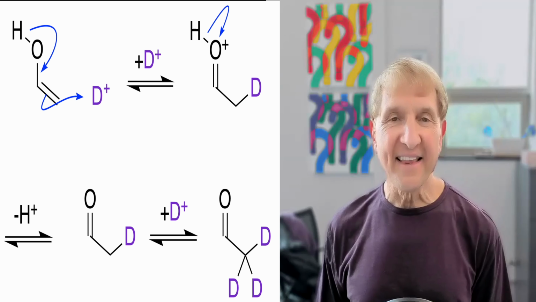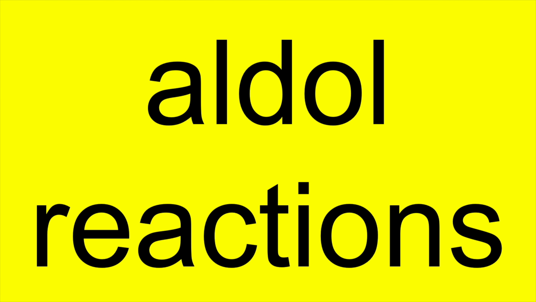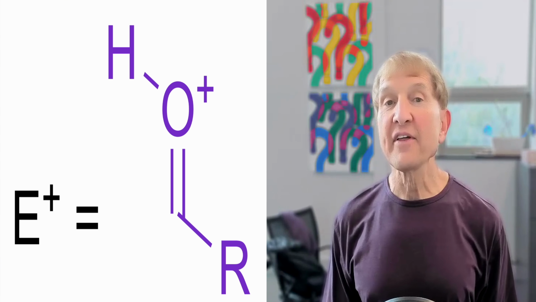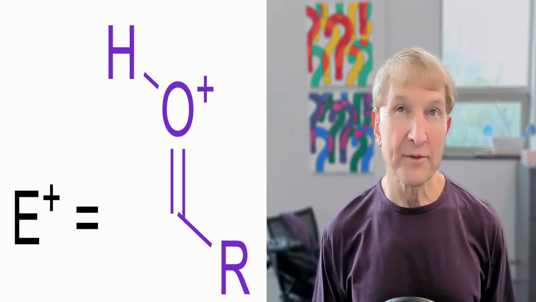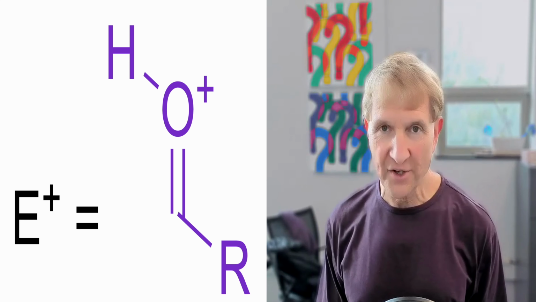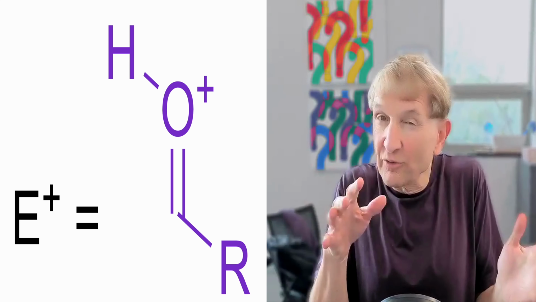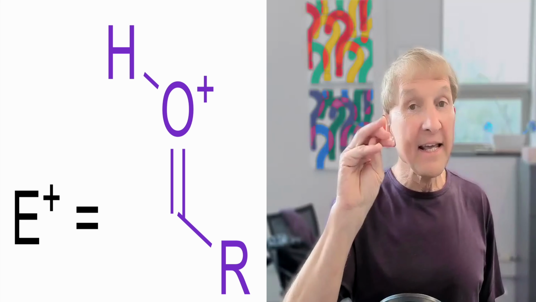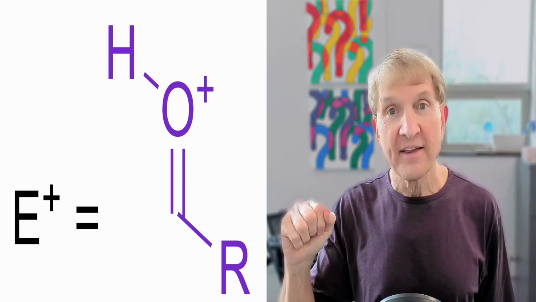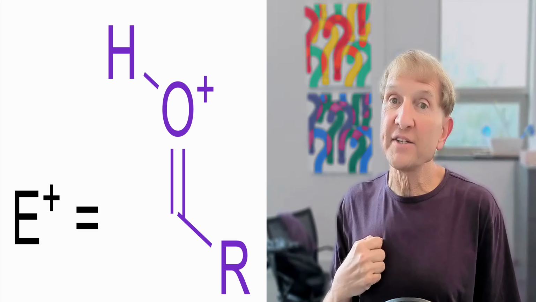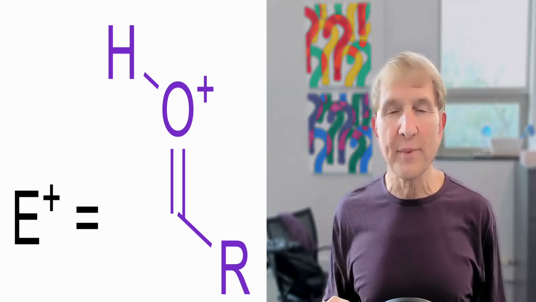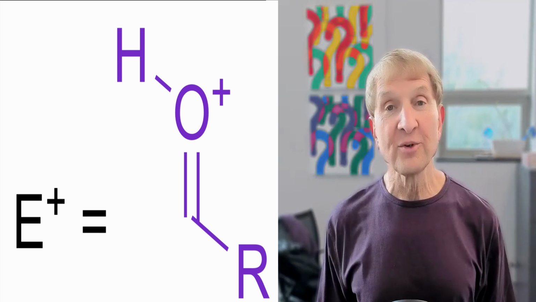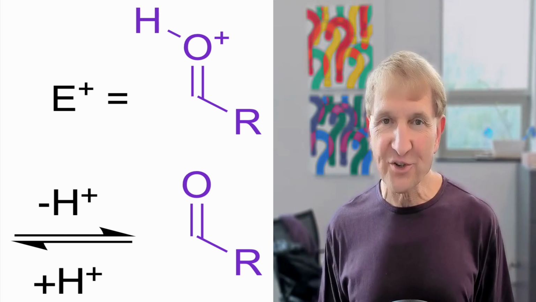The Aldol reaction is a special case where the electrophile is another carbonyl, specifically an aldehyde or a ketone. And since the enol forms under acidic conditions, and we're putting that carbonyl in under acidic conditions, it's going to be protonated too to form the most reactive species. Protonate to activate, and this other carbonyl will act as an electrophile.